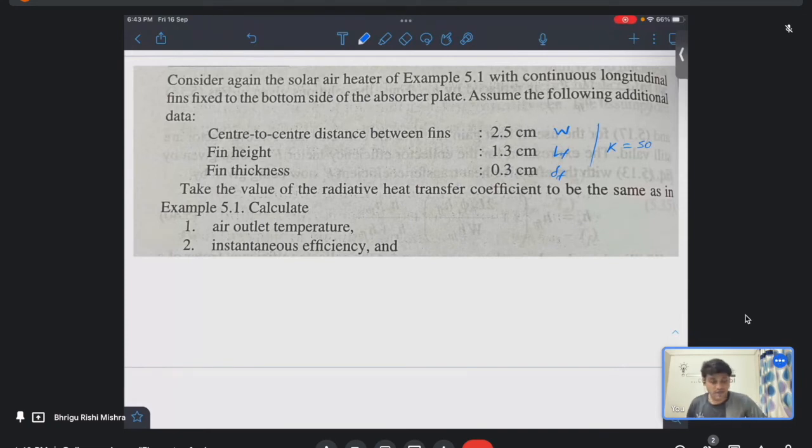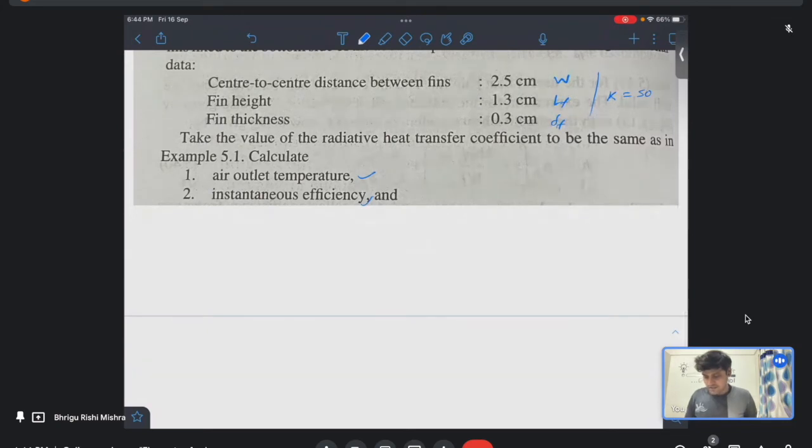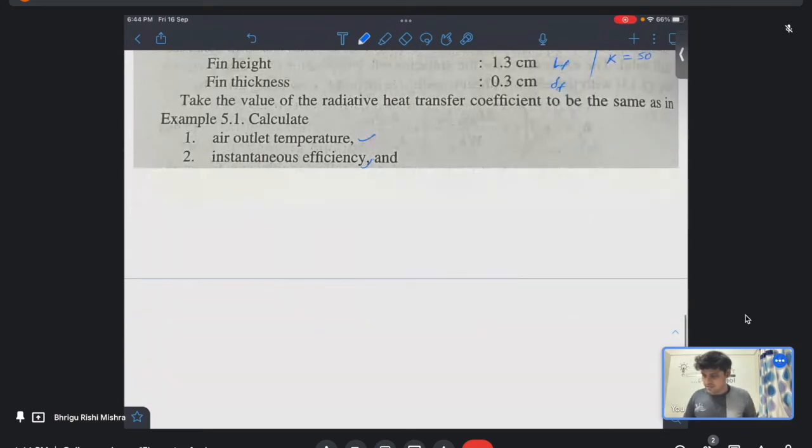We need to calculate the air outlet temperature and instantaneous efficiency, and we will compare this with the conventional air heater.